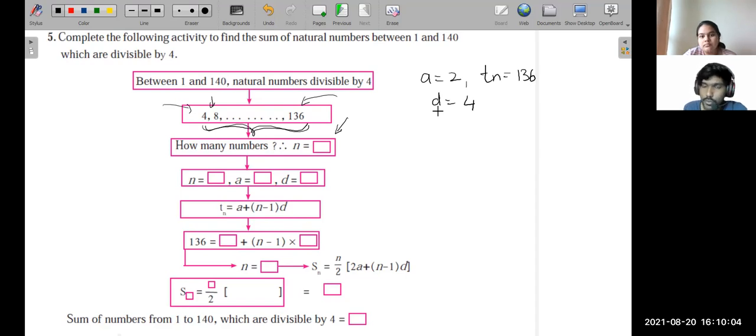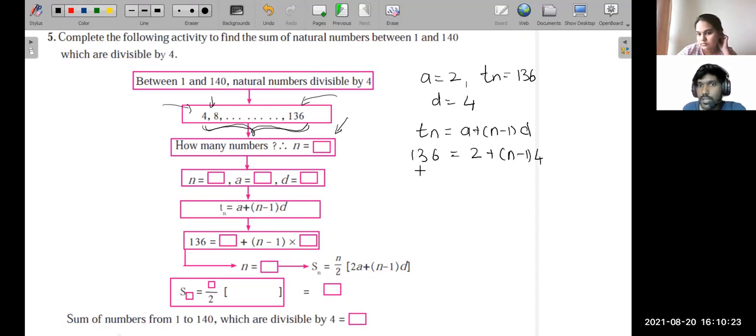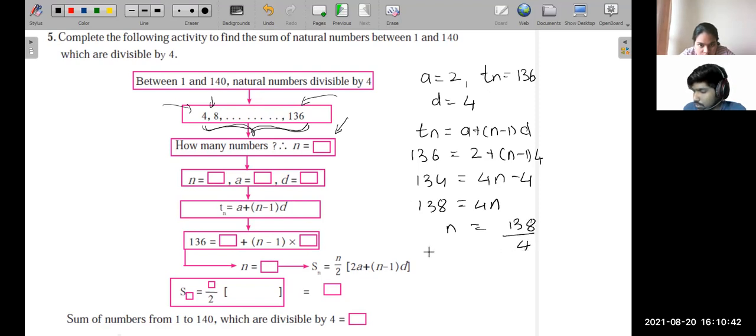If you use the Tn formula, Tn is equal to A plus n minus 1 into D. So Tn is 136, A is 2, and D is 4. So 136 minus 2, 134 is equal to 4n minus 4. Take minus 4 to the other side, it will get added. So you'll get 138 is equal to 4n. So n will be 138 divided by 4.